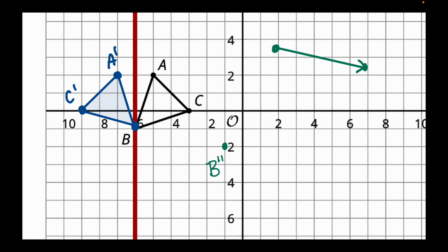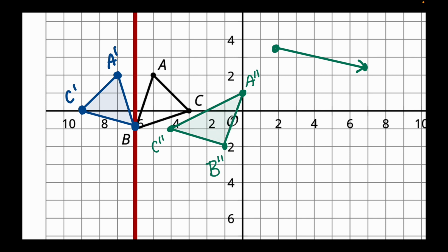Then from C prime, we want to go 1, 2, 3, 4, 5, and down 1. C double prime is going to land right here. And then A double prime, 1, 2, 3, 4, 5, and down 1. A double prime lands here. And this would be right up next to our directed line segment, so I didn't want to make that too crazy.